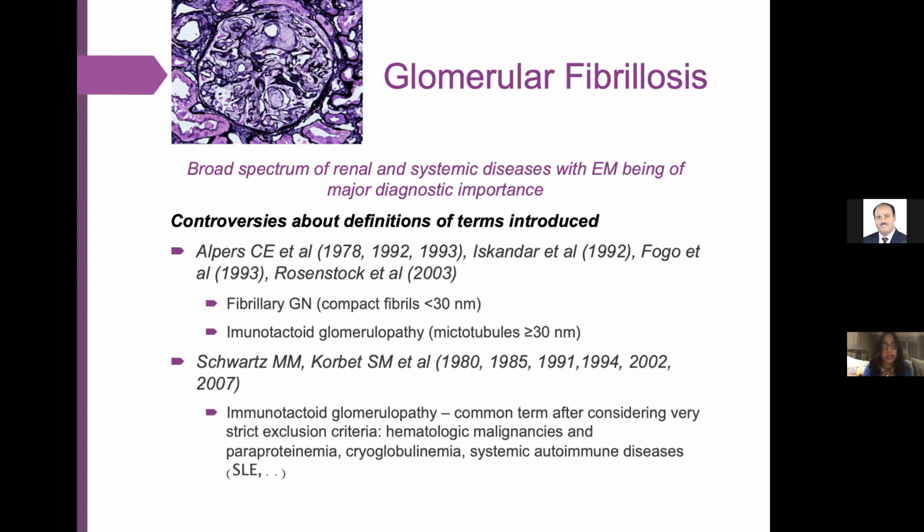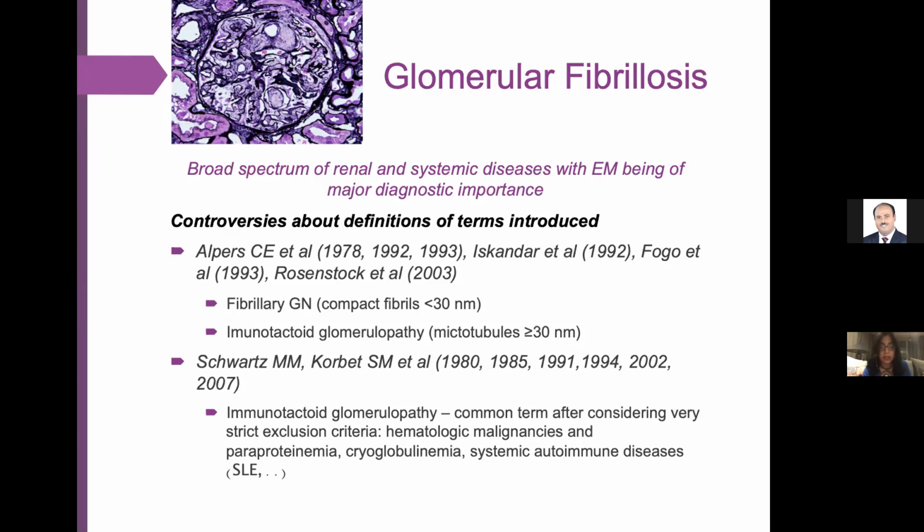I'll show you that this is not a very distinct way of classifying diseases because things are not that sharply clear. Then there are also Mel Schwartz and Corbett and other authors who regard the glomerular fibrilloses in a different way.